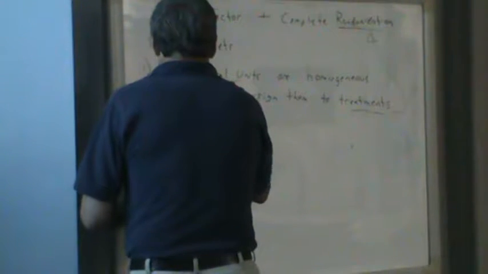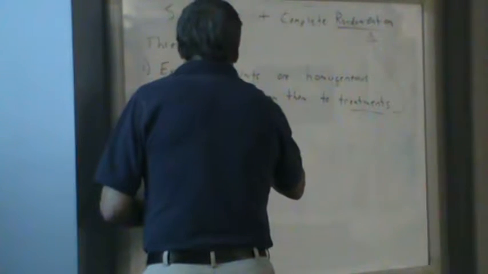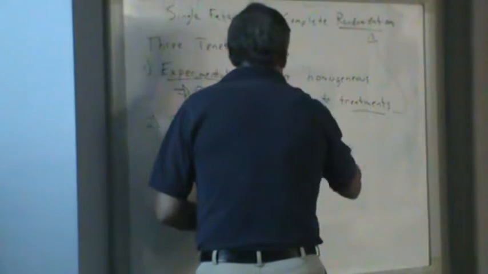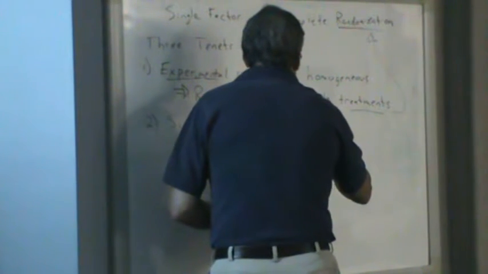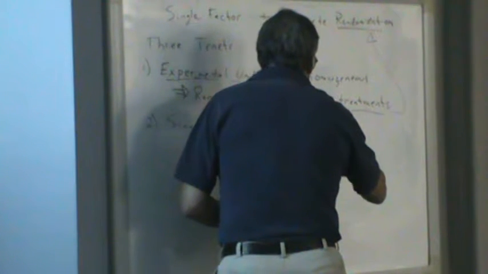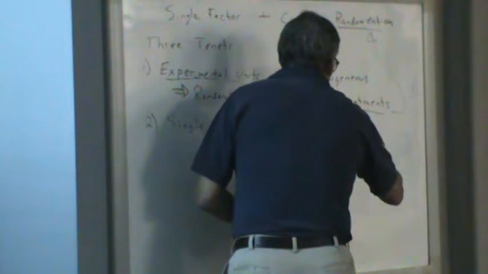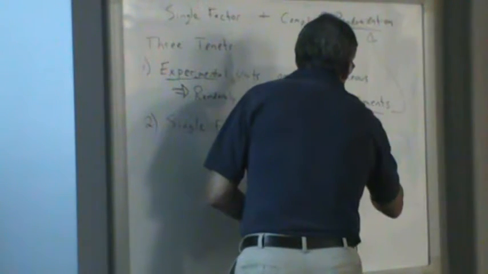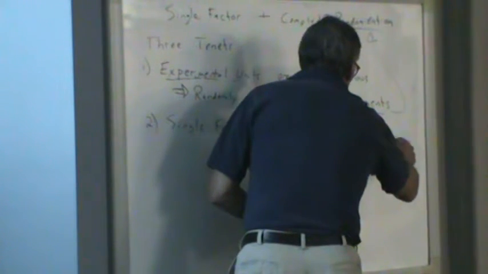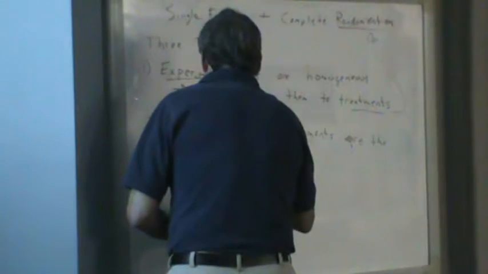So it's a single factor. That means we've only got one thing to vary. So this implies that our different treatments, if we're going to use their word, are the levels of the factor.